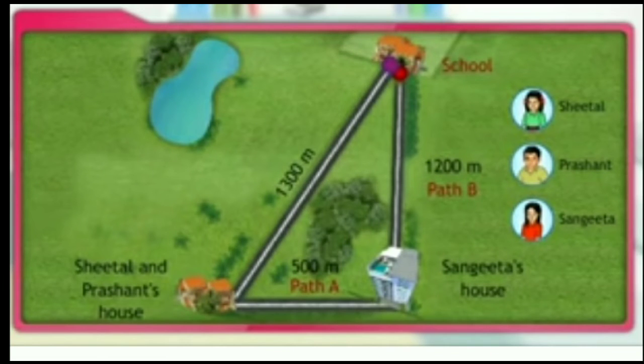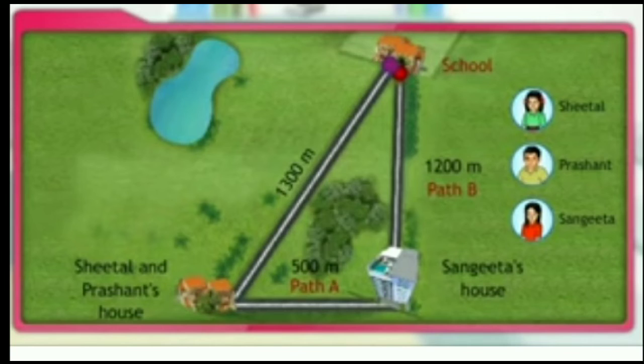Now look here, there are three friends, Sheetal, Prashant and Sangeeta. Sheetal first went to her friend Sangeeta's house on her way to school. She needs to go to school, but Sheetal first visited her friend Sangeeta's house. And then Prashant went straight from home to school.